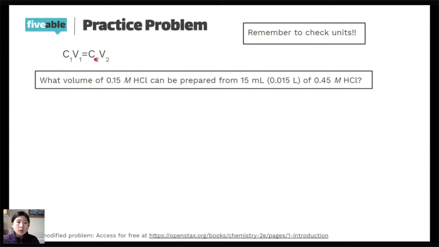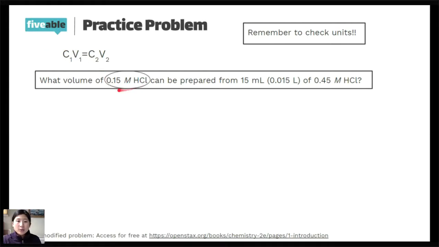If we wanted a different molarity of the same acid, and want to find what the volume would be, then we would use this equation, and it's very easy. It also saves you a lot of time, which is crucial for the AP exam, because you want to find solutions very fast. Speed is very integral on the AP exam.